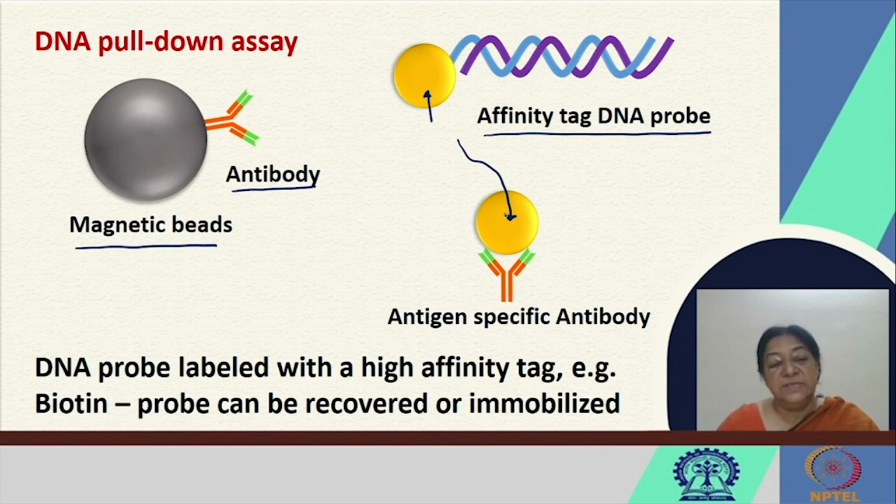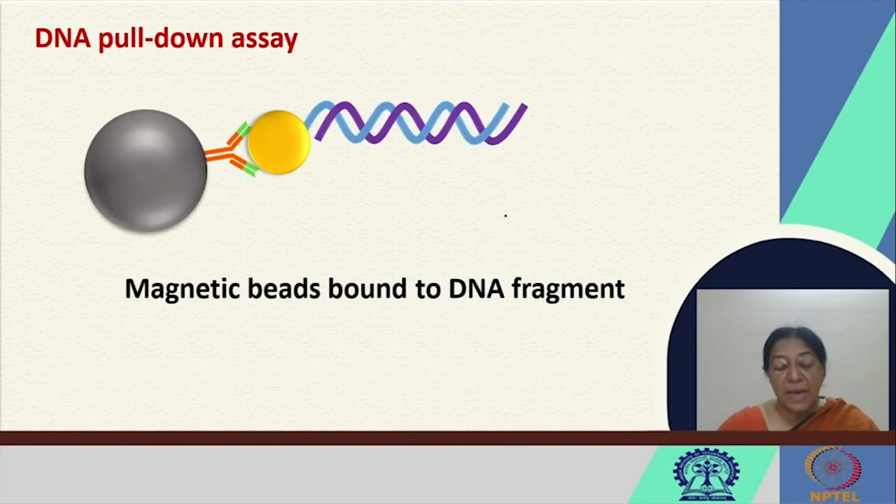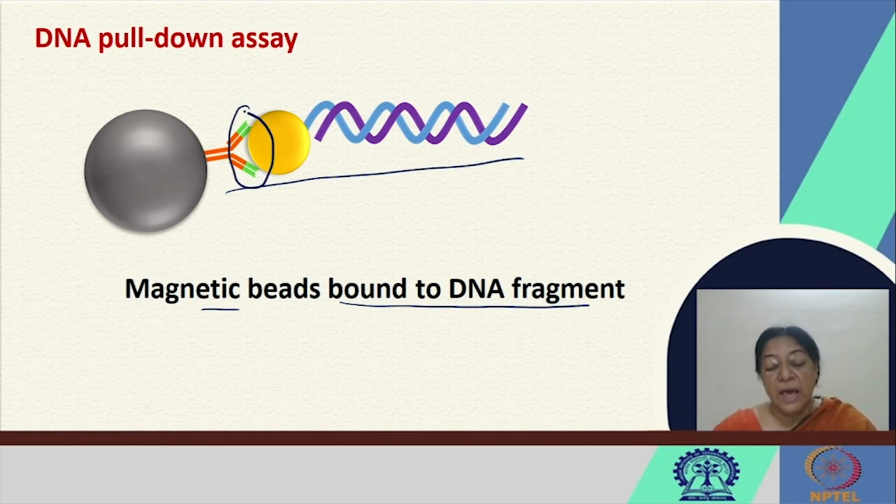So the process is such that the DNA probe labeled with the high affinity tag, for example, biotin, where we can have the probe recovered or immobilized. The way this works is that the magnetic beads are bound to the DNA fragment in this fashion, where the recognition occurs in the antibody and affinity label site.